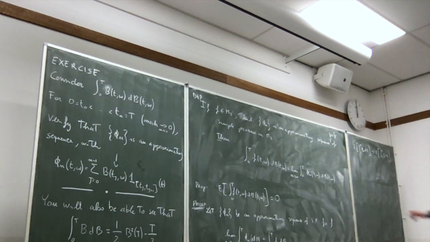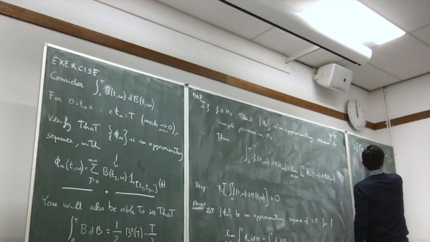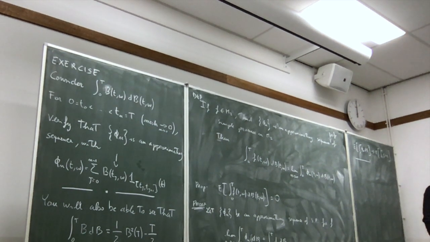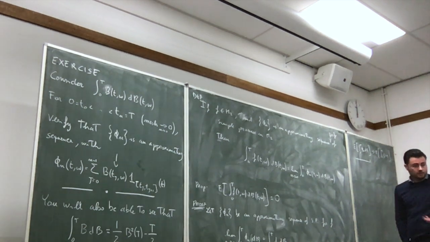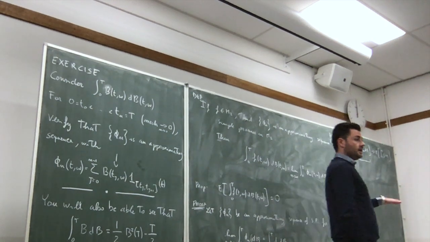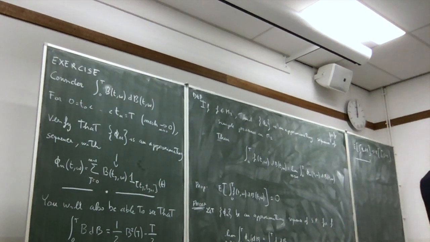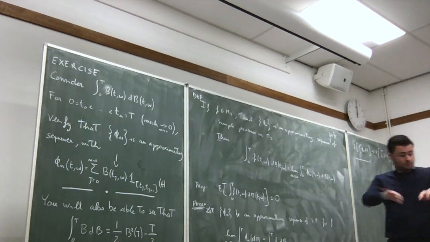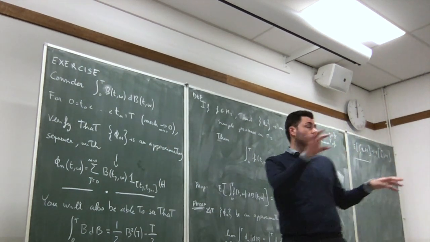But now, since these are all simple processes, what do we know about this expectation? It is 0. The expectation of the Ito integral for a simple process we have proven last time is 0. Why? Because I can just substitute the definition of simple process, then I can use the measurability to split the A part from the increment of the Brownian motion.